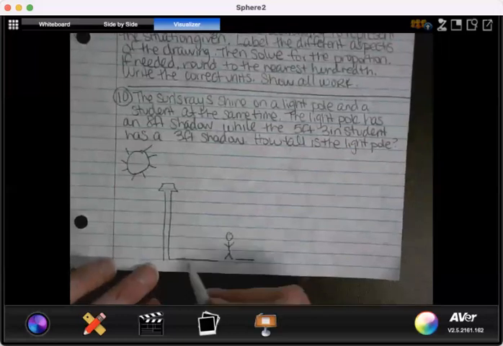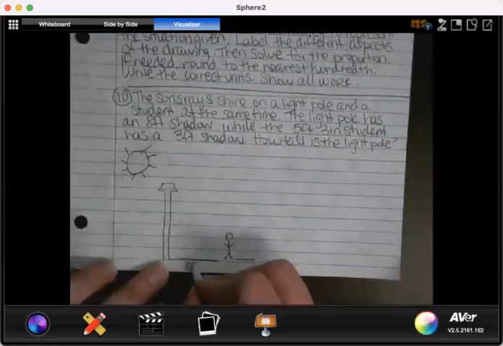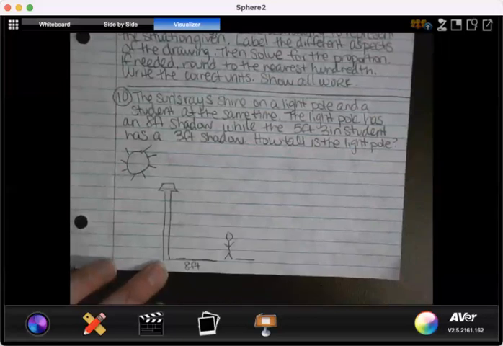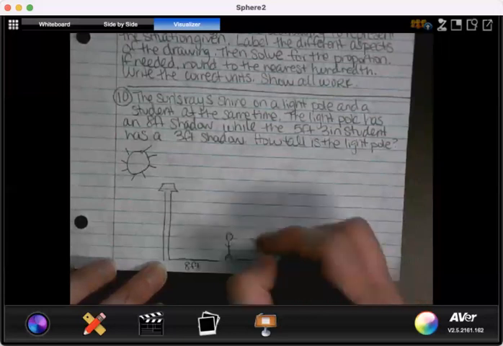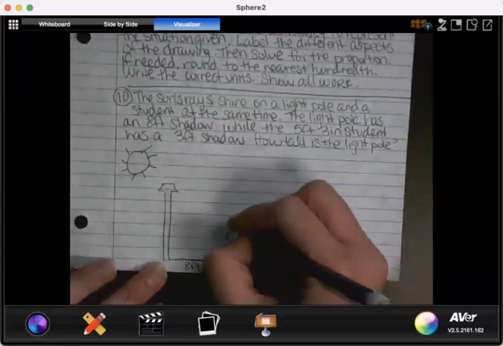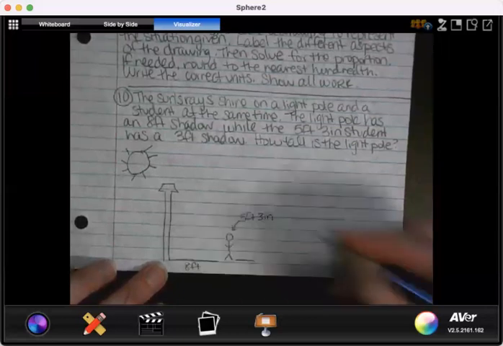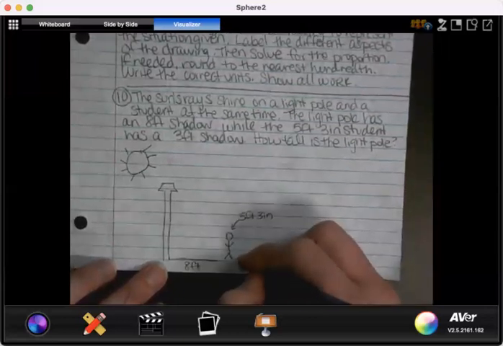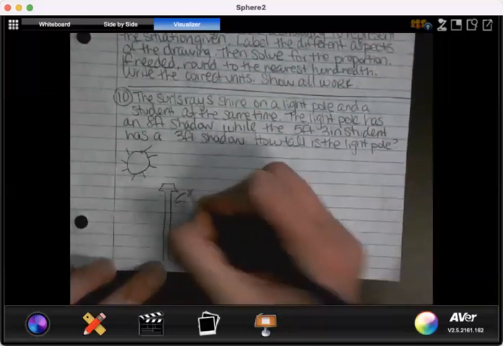Now let's label what we know. We know that the light pole has an 8-foot shadow, and we know that the 5-foot 3-inch student has a 3-foot shadow. What we don't know is how tall is the light pole.